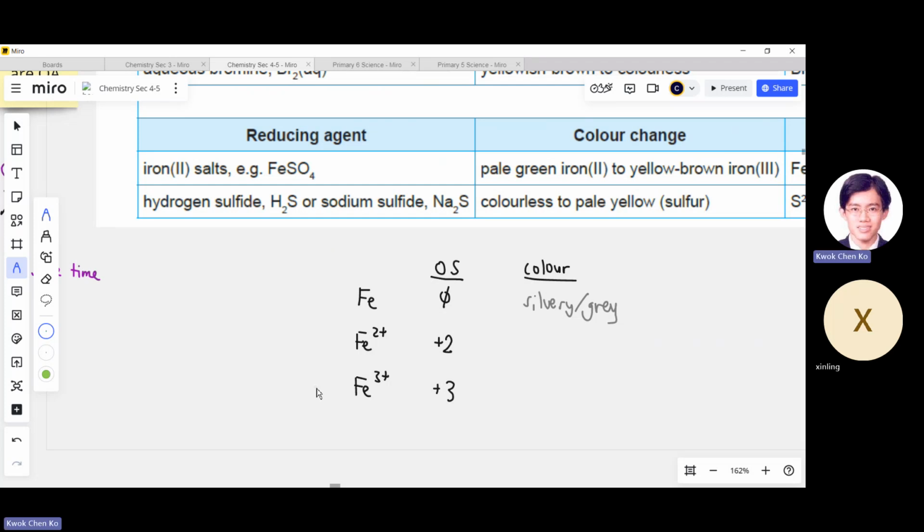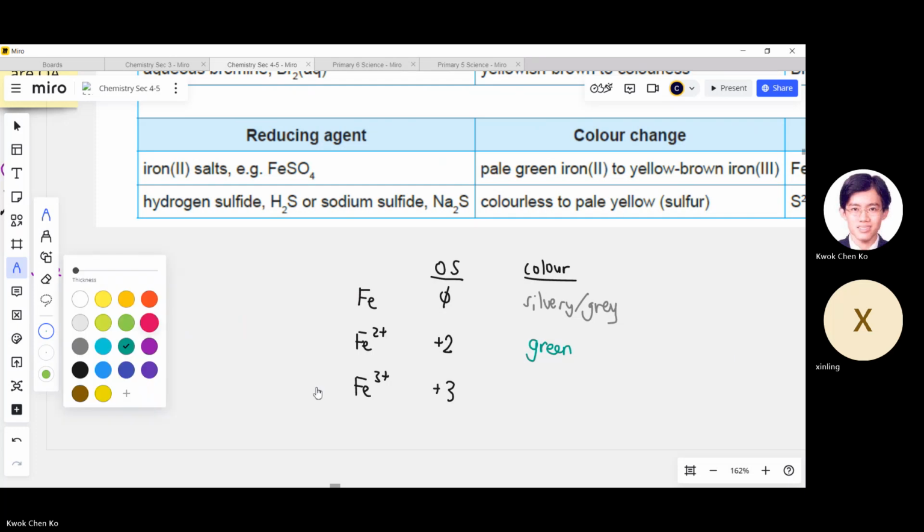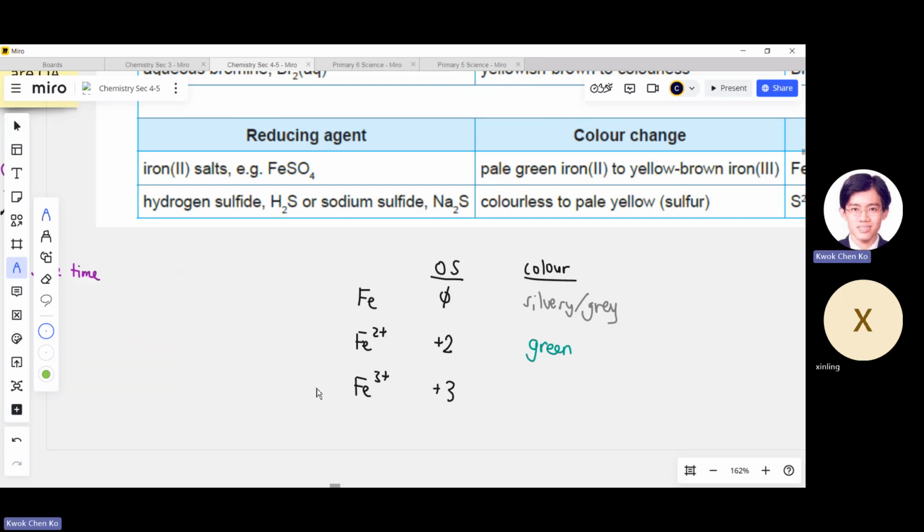Yellow? No. It appears as green. Fe3+, color? Must remember. It's either red, sometimes brown, sometimes yellow.